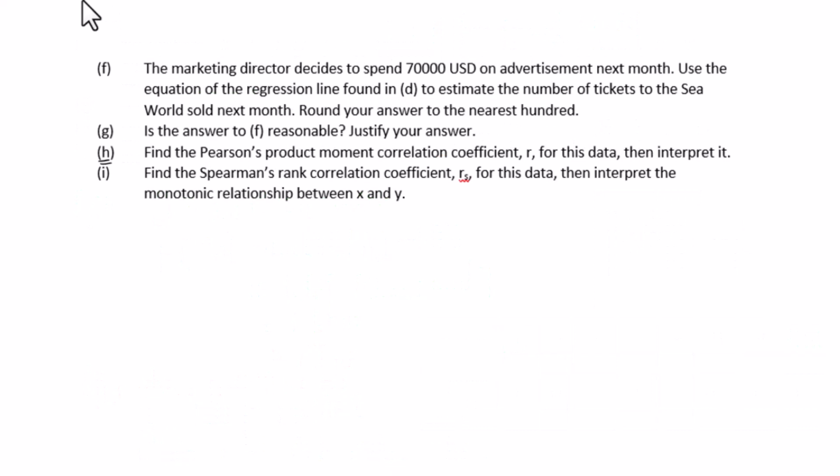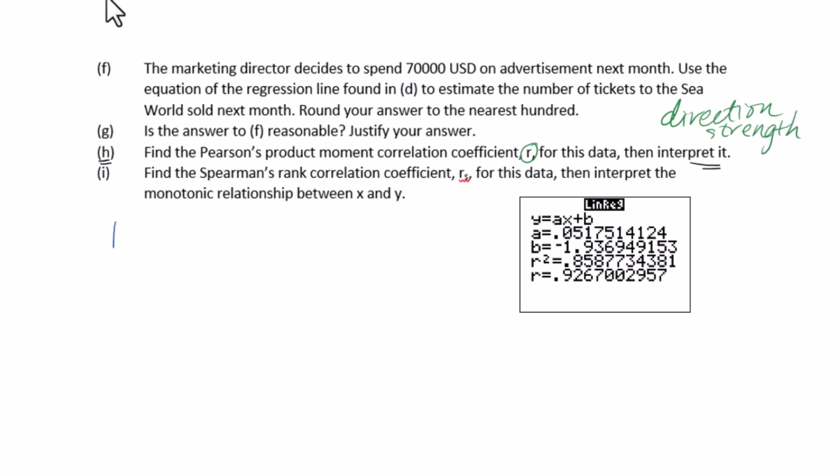Let's go to H. Find the Pearson's product moment correlation coefficient r for this data, then interpret. When you interpret this r, remember you have to see the direction and the strength.